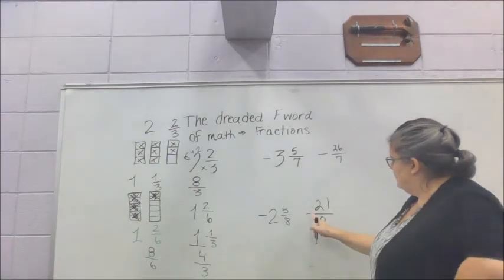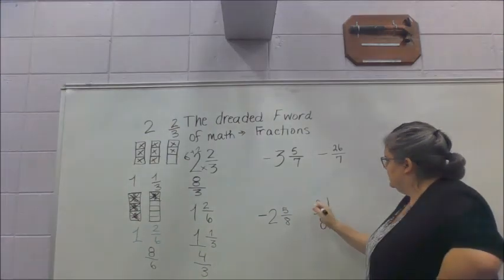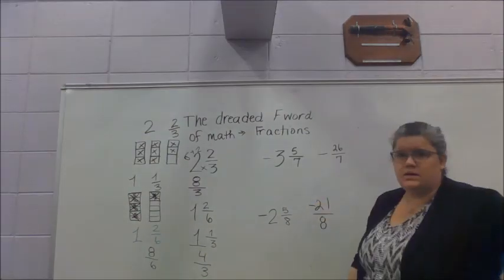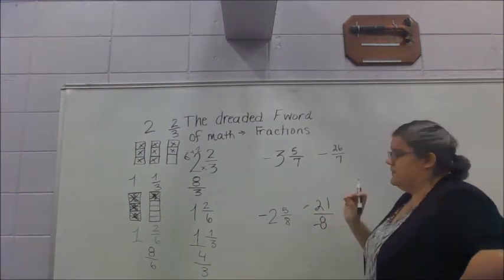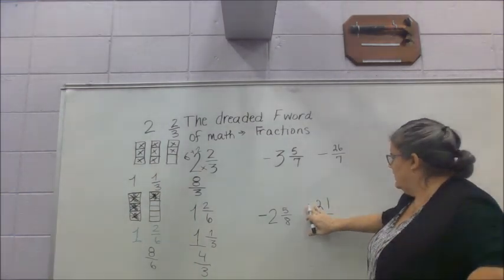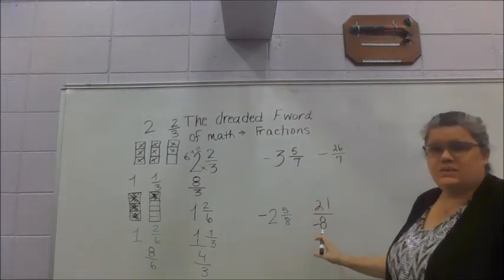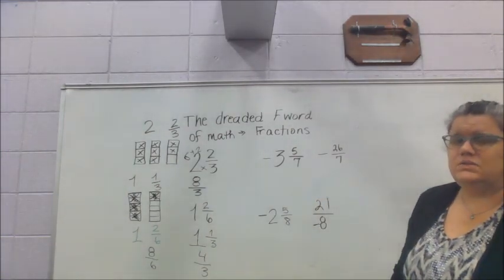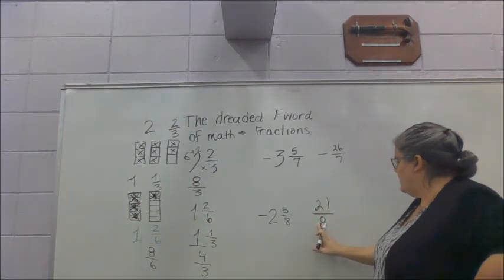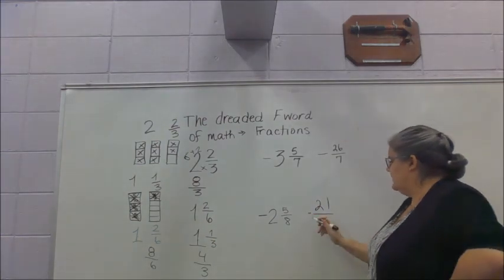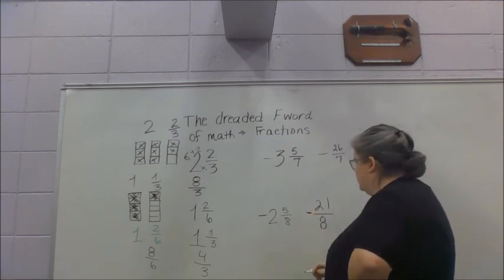If you can't remember that it goes in line with the fraction bar, you can either assign it to the numerator or you can assign it to the denominator, but you cannot assign it to both. Because if you assign it to both, it turns that fraction into a positive, and it was not originally a positive. I just always get in the habit of putting it in line with the fraction bar.